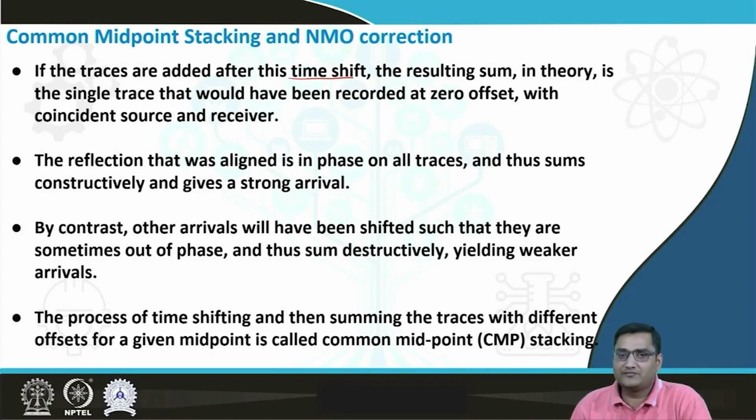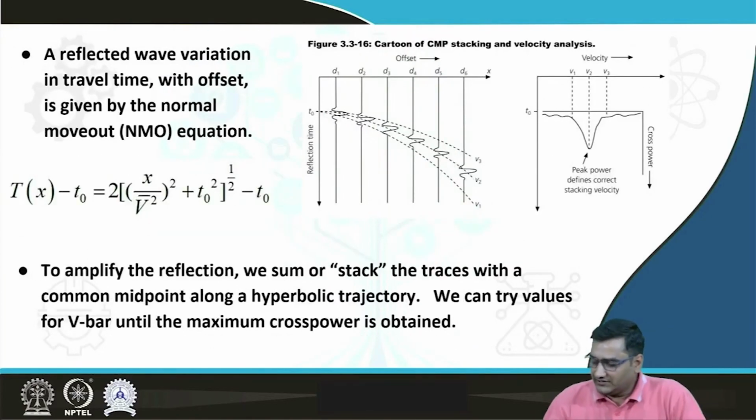The process of time shifting and then summing the traces with different offset for a given midpoint is called common midpoint stacking. So this is a typical diagram to understand the normal move out correction and hence the velocity analysis in CMP stacking.